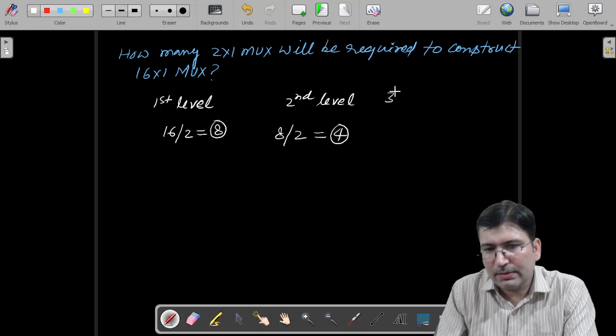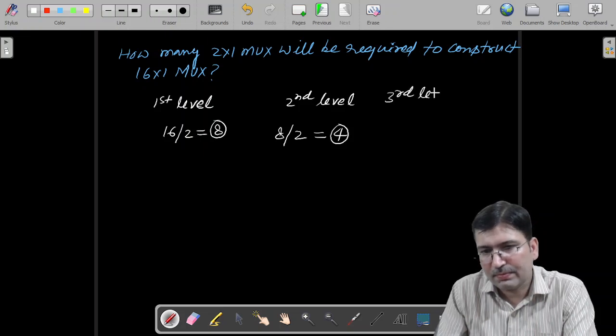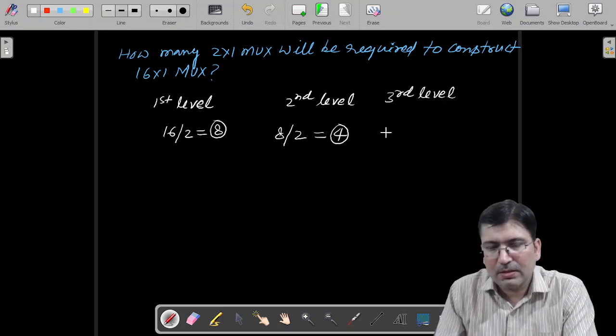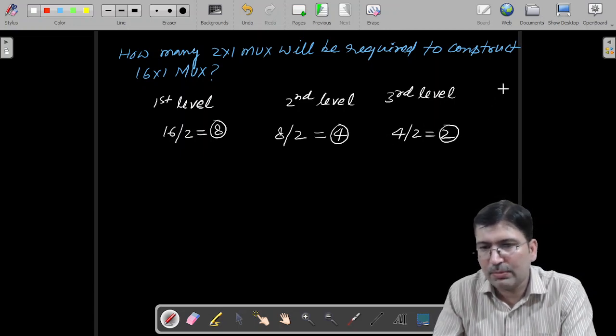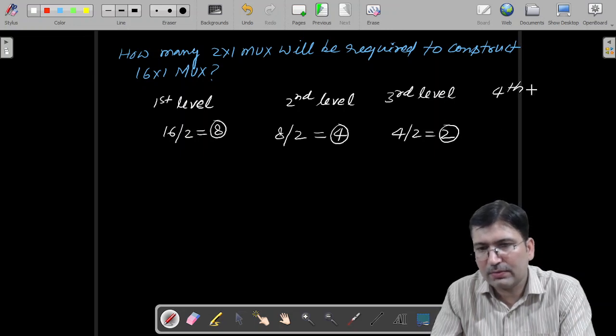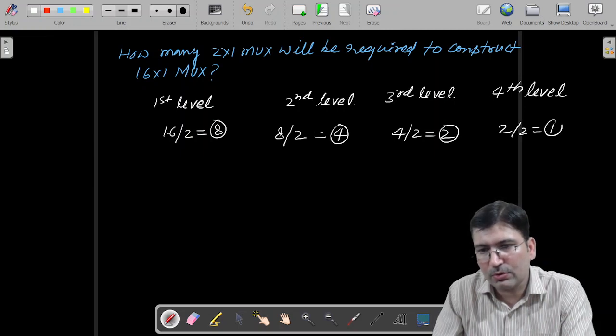So at third level, we need to put 4 divided by 2, that is 2 MUX. So we require 2 MUX at third level, and there will be a fourth level also, because until and unless we get 1, fourth level, that is 2 divided by 2, so there will be 1 2x1 MUX.